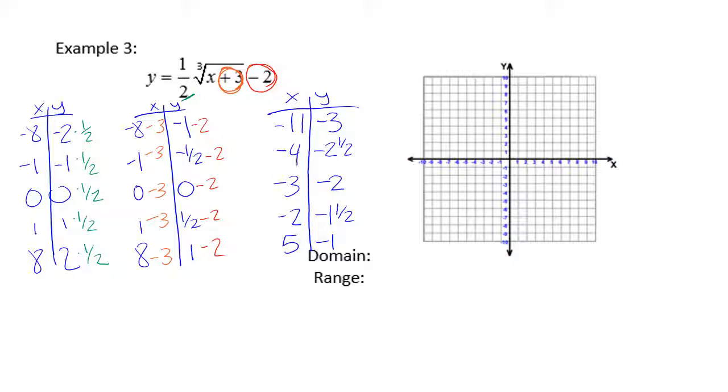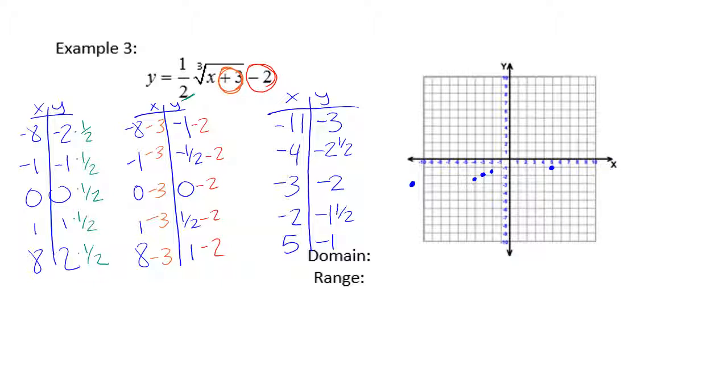Let's graph those values. Now -11 is just off, but I'm going to try to include it. (-11, -3), (-4, -2.5), (-3, -2), (-2, -1.5), and (5, -1).